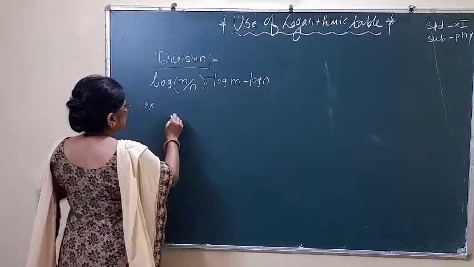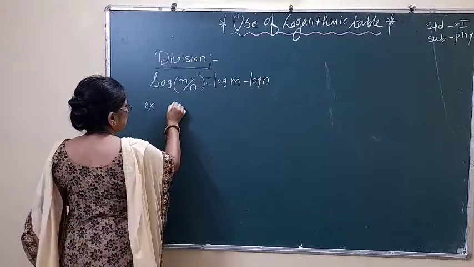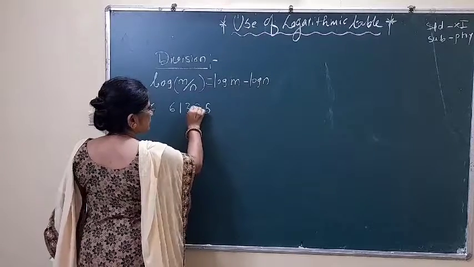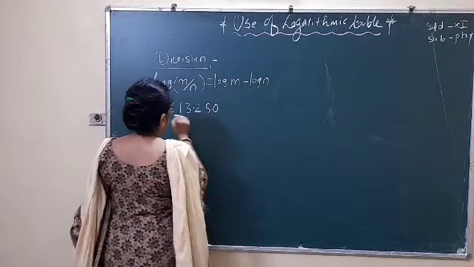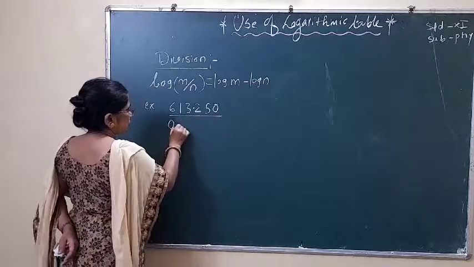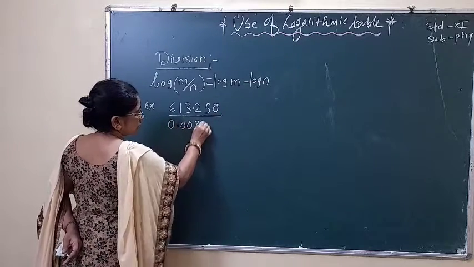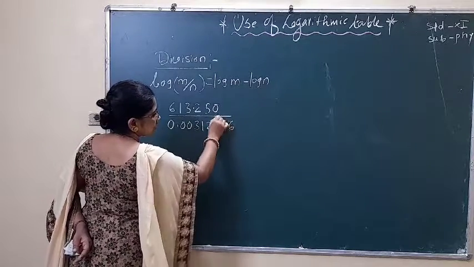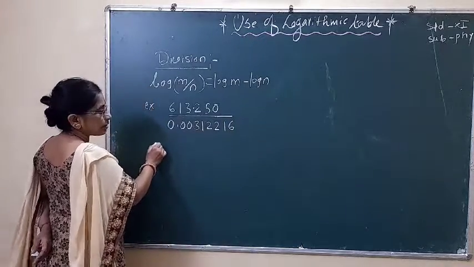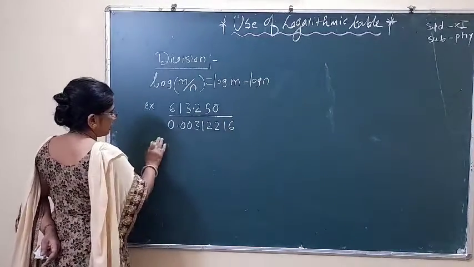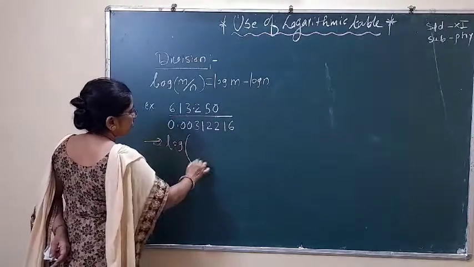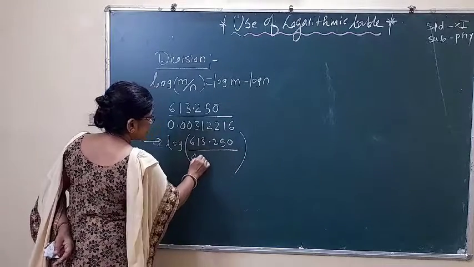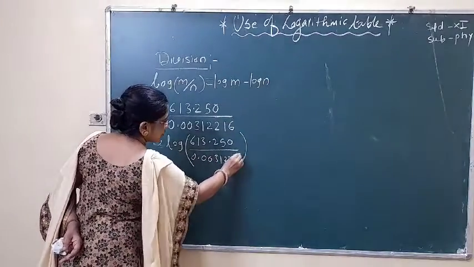Example: 613.250 divided by 0.0312216. Equal to the log of 613.250 divided by 0.0312216.